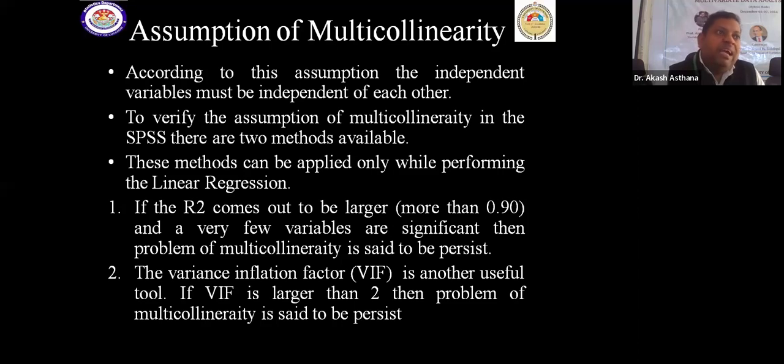A better idea is provided with the help of variance inflation factor, which is also known as VIF. If the VIF value comes out to be larger than 2, then you can say that the problem of multi-collinearity is existing in the data set. So we have studied how we perform the correlation analysis. In slides, we are discussing only how we get VIF or how we get other things.